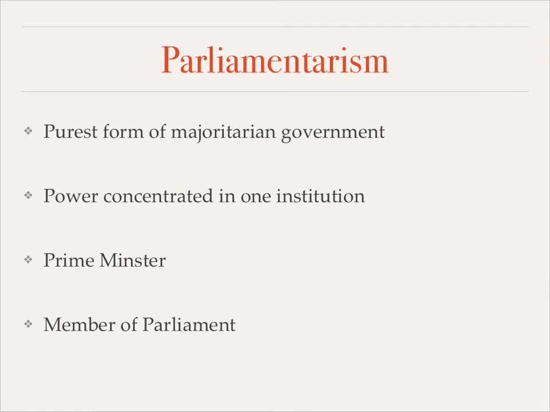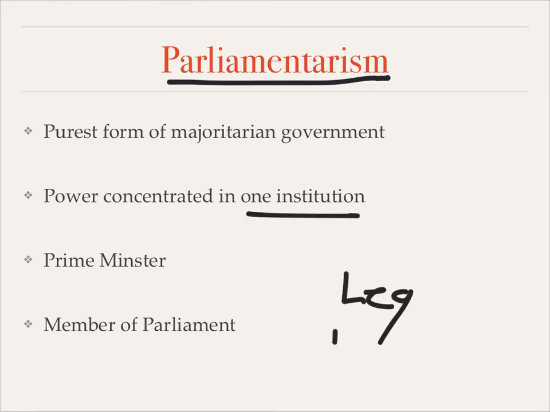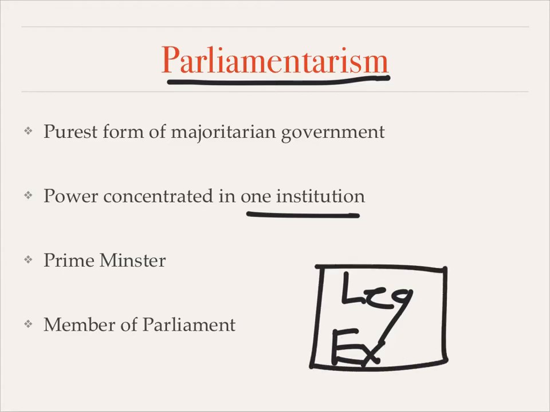Now, we'll take a look at the two major forms that we're going to see around the world. And the first is what we call parliamentarianism. In a parliament, you have a majoritarian form of government because you have all power concentrated in a single institution. So that means legislative power and executive power are in one branch, parliament.